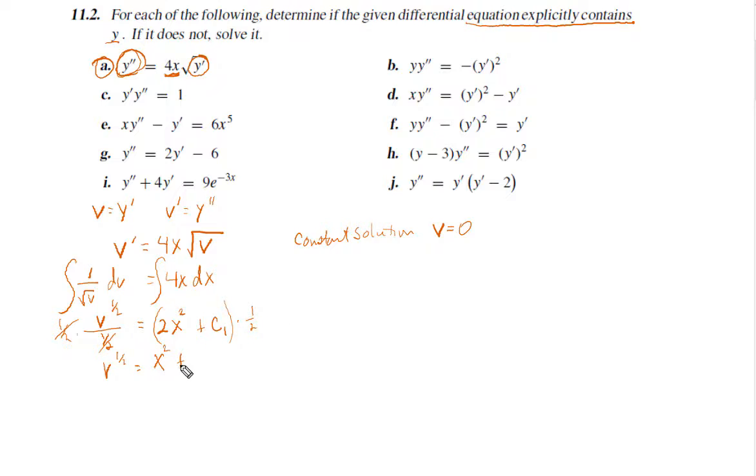Now c1 times 1/2 is going to be some other constant, which we'll just call c2. So then, if we want to recover our v, we need to square both sides to get v equals, and then this is what we'd have, x squared plus some constant, squared.